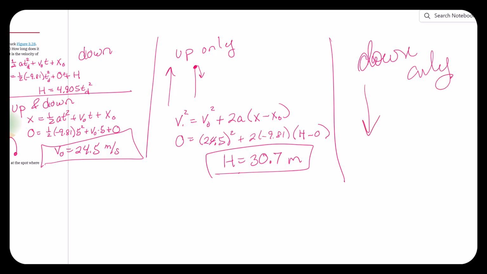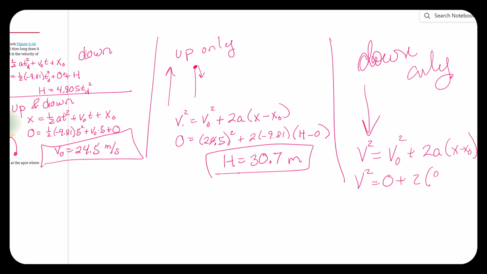So if it's going down, I wonder if I can do it this way: velocity final squared equals velocity initial squared plus 2a x minus x naught. But here, my final velocity, I don't know. My initial velocity is 0.